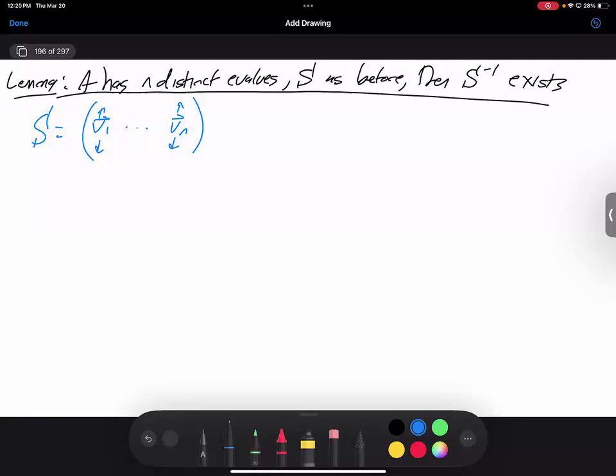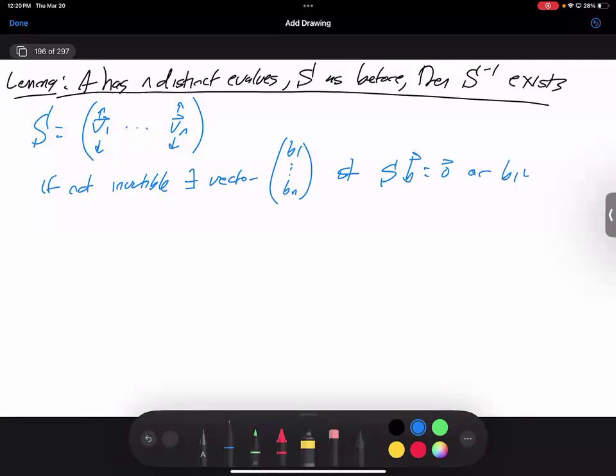The only way it would not be invertible is if S sends some nonzero vector to 0. So if not invertible, there exists a vector B1 through Bn such that S of B equals 0, or B1 V1 plus dot dot dot plus Bn Vn equals 0.